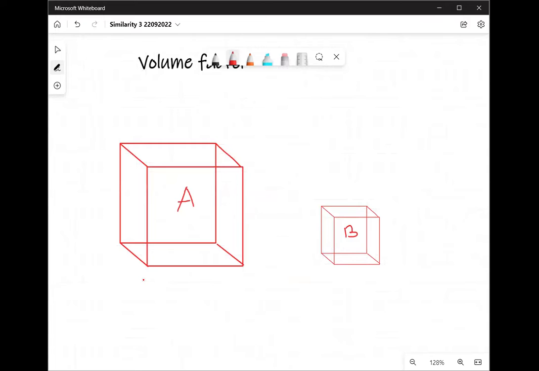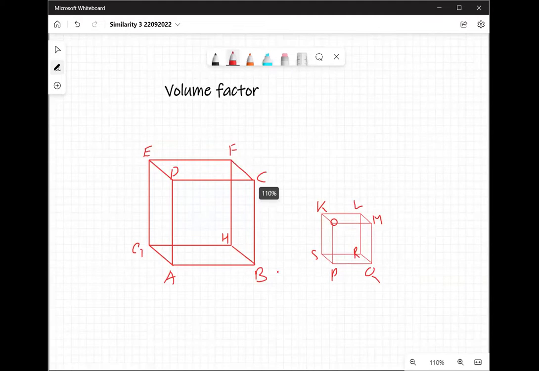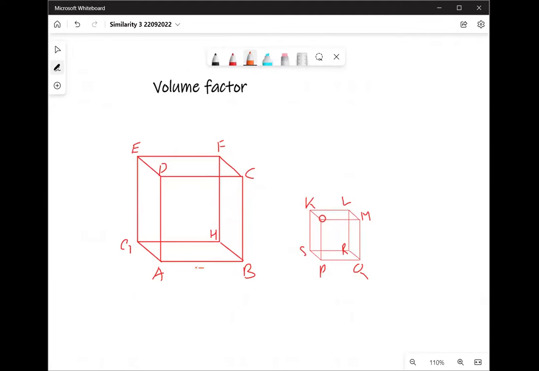Now you have shapes, you have sides on this. Let's say you have vertices A, B, C, D, E, F, G, H. In the same way, you have K, L, M, O, P, Q, R, S. And your job is to find out the volume.